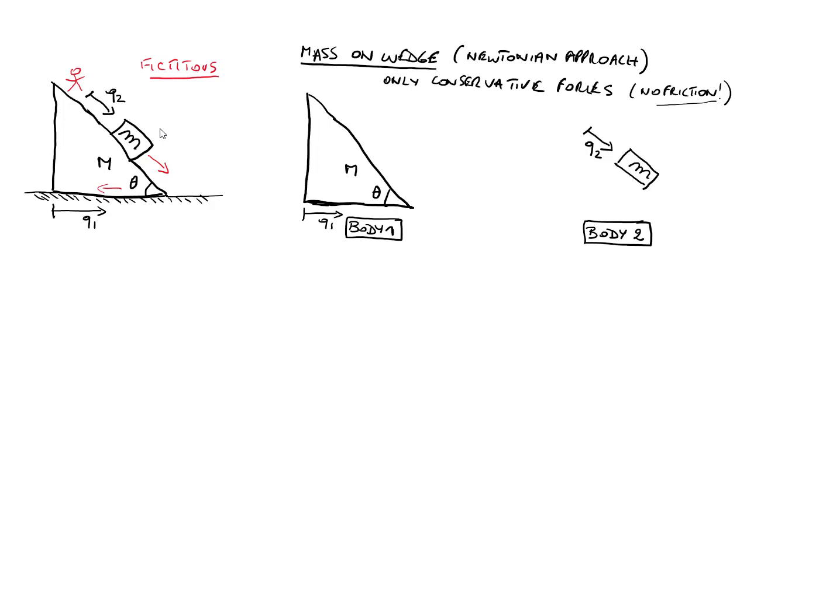Of course there is the force that the little mass is exerting on the big mass, and we'll call it R, and it's acting perpendicularly to the wedge. And of course you'll have, by action and reaction, a similar force acting over here, right?